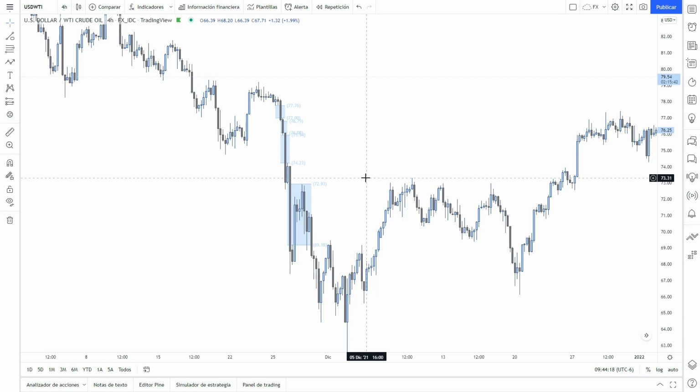And how are we going to use them? Once again, let's rewind a little bit and check the notes we took in previous classes, and keep in mind that we should trade with the trend.